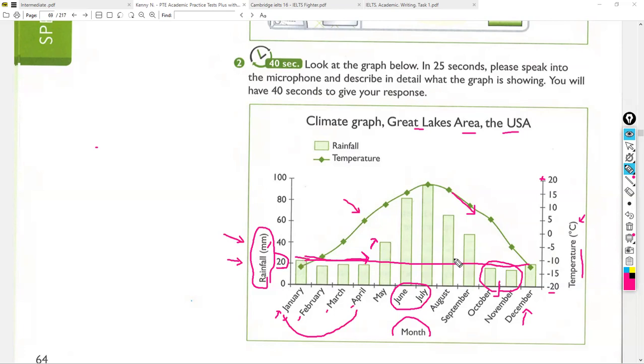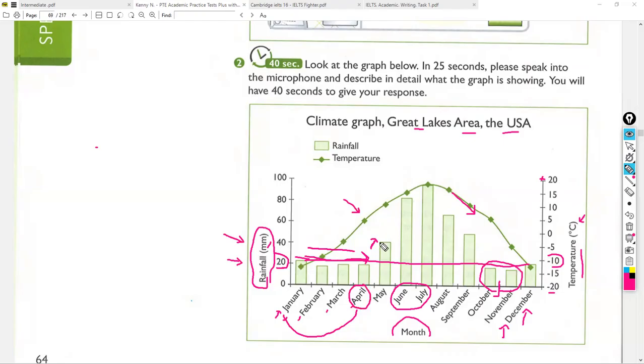Now let's talk about temperature, Celsius. We notice that the temperature is minus 10 in these 2 months in the beginning of the year, still stable till April.